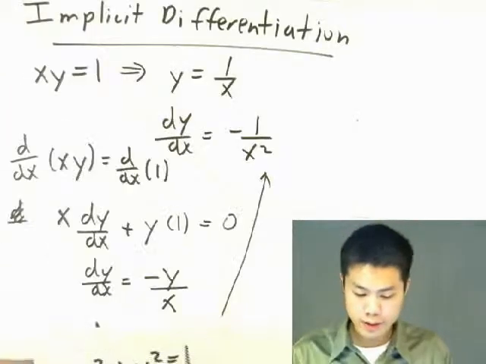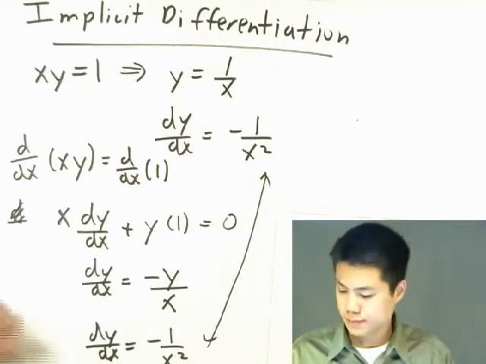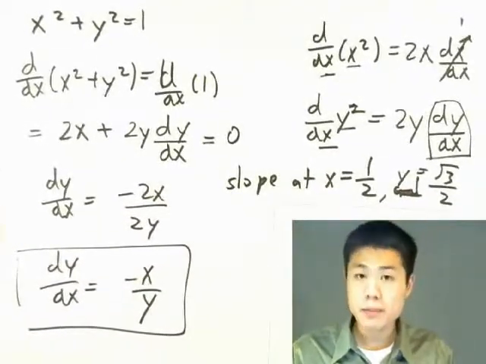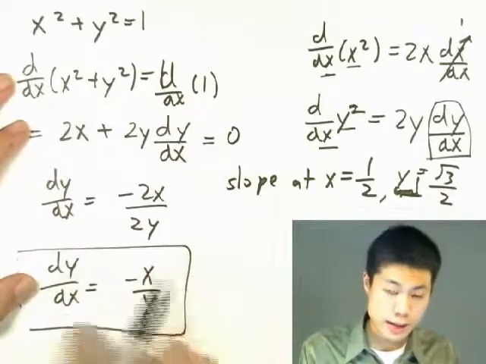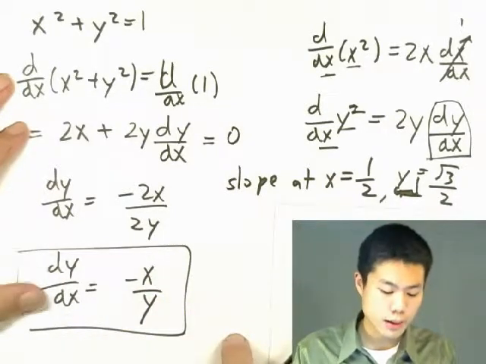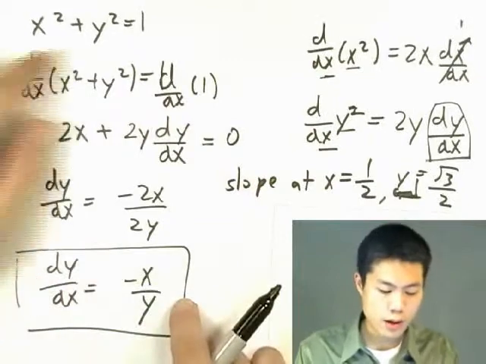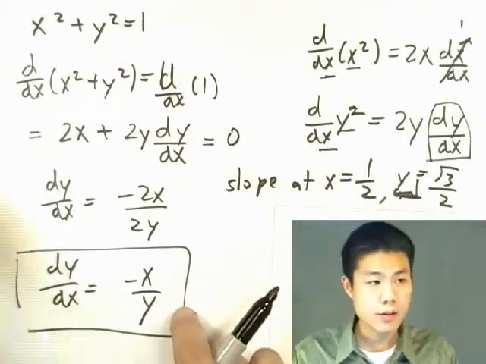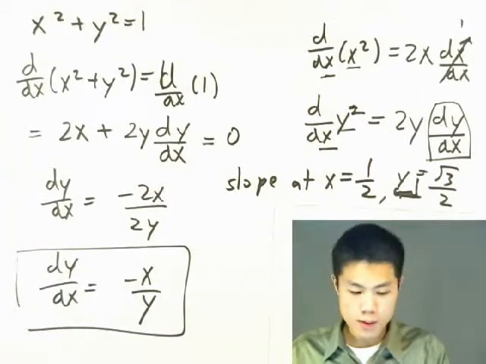Alright, so I showed you how to take a derivative implicitly. So here we did not solve for y, but we just immediately went ahead and took the derivatives of both sides. Now, if we wanted to solve for y, could we? Yeah. In this case, we could.